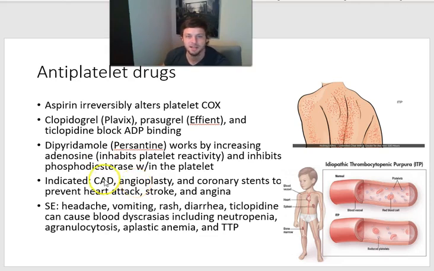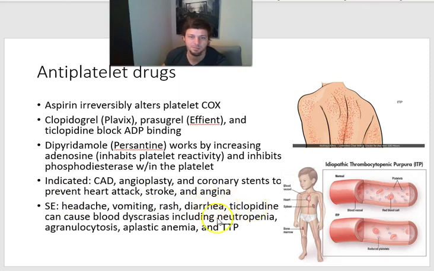Antiplatelet drugs are indicated for coronary artery disease, angioplasties, coronary stents, and that's just to prevent heart attack, stroke, and angina if these platelets start to coagulate, right, start to stick to each other. Side effects: headache, vomiting, rash, diarrhea.